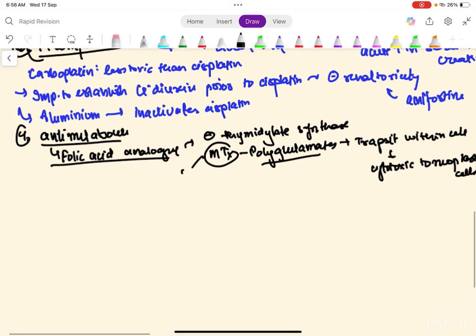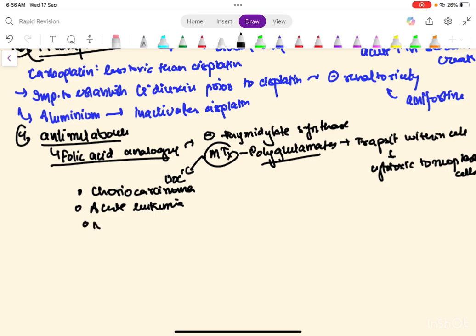Now this methotrexate is the drug of choice for choriocarcinoma, acute leukemia, non-Hodgkin lymphoma, breast cancer, then also for cutaneous T-cell lymphoma.